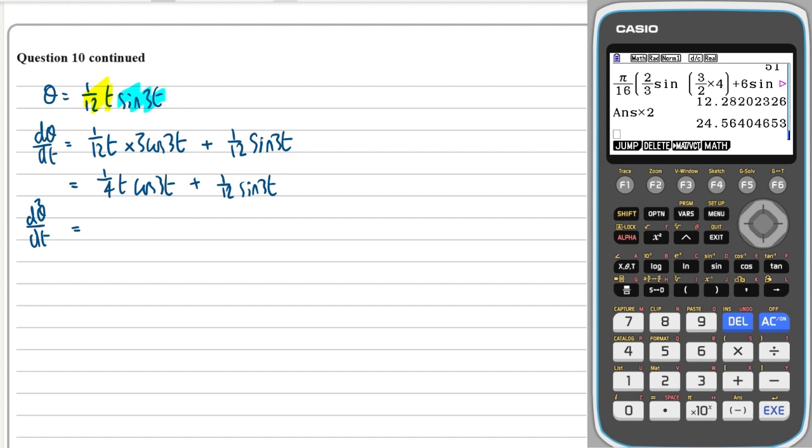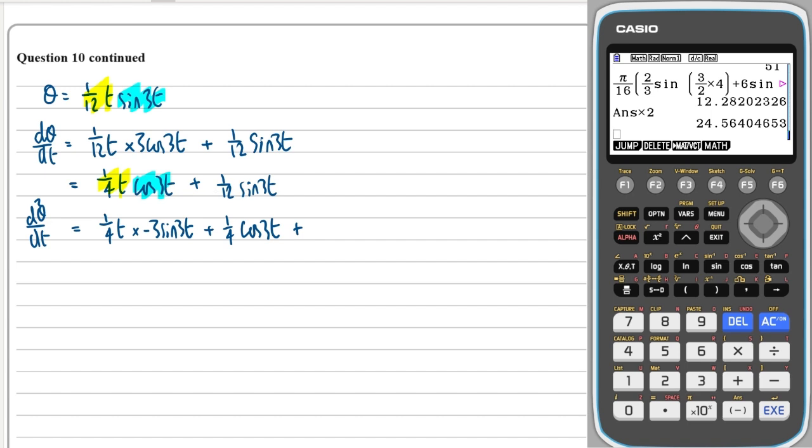Again, I will do product rule. I will keep the yellow the same, then I'll differentiate this, which will give me -3 sine 3t, and I will then keep the yellow. I'll differentiate the yellow to give me 1/4, and I'll keep this one the same, and then I will differentiate this part here.